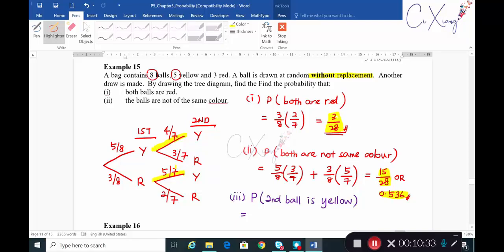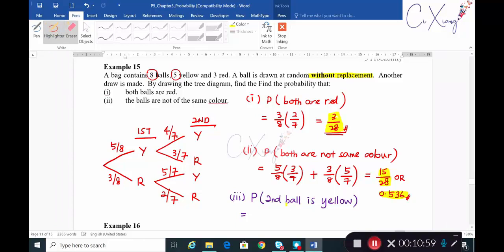When the question asks you about the second ball, or an event on the second layer of the tree diagram, generally you cannot start calculating the probability from the second part. No matter what they want, you still need to calculate the probability from the beginning.